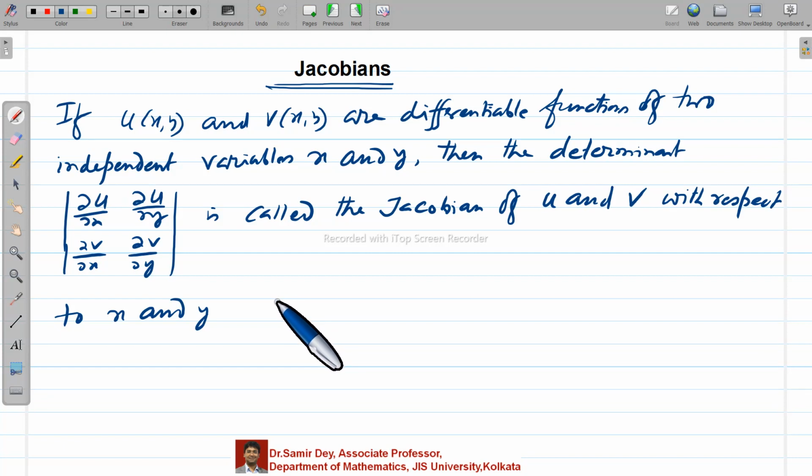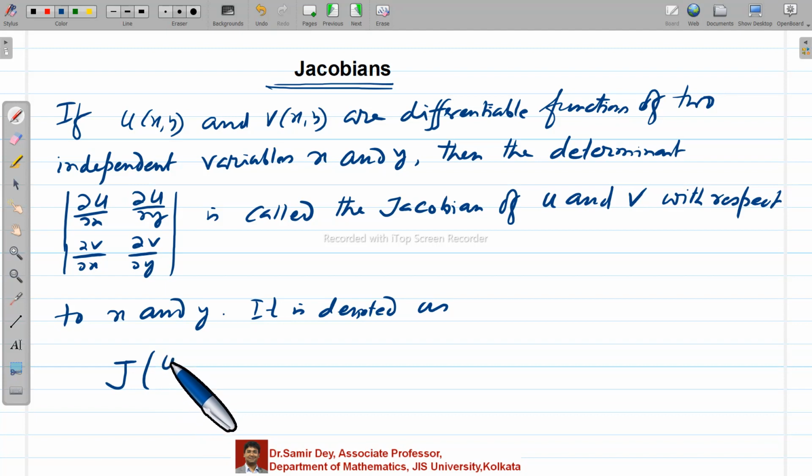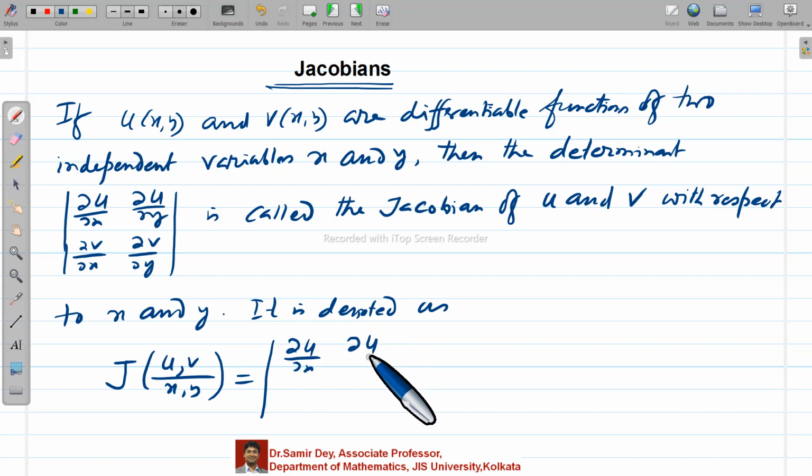Okay, and it is denoted as J(u, v / x, y), which is equal to the determinant ∂u/∂x, ∂u/∂y, ∂v/∂x, ∂v/∂y.